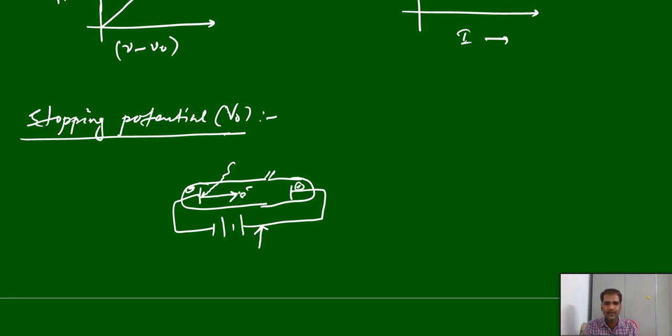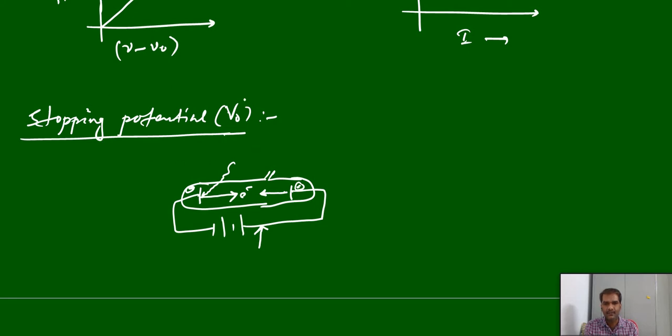To stop this movement, we make the kinetic energy of the electron zero by applying an opposite force. When you apply some opposite force, automatically the electron cannot come. So how much force do you have to apply? Just enough that only the ejection of the electron takes place, and after that there should not be any kinetic energy. The movement of the electron should be stopped by applying the opposite force.